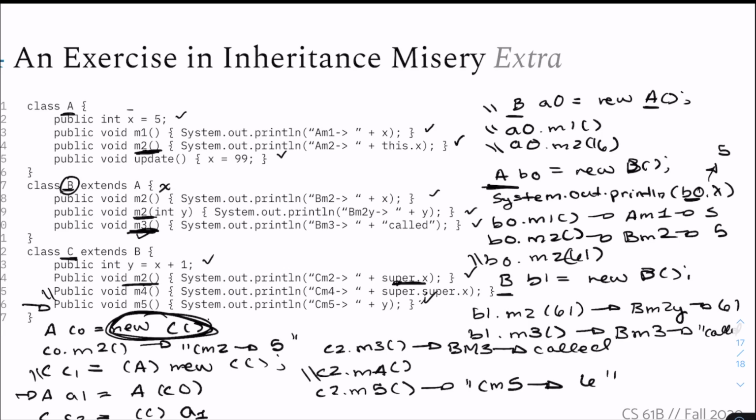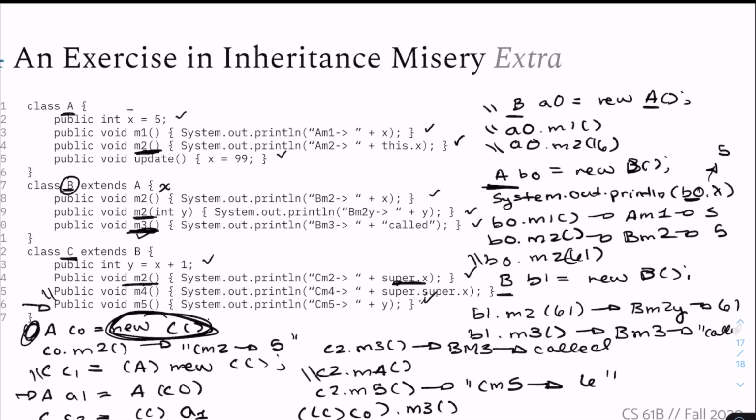We're almost through, guys. So now we have C0, which is casted to be a C, dot M3. So we're going to first check whether C0 can be casted as a C. If you look where C0 is defined over here, C is a subclass of A, so that checks out where we can try casting C0 as a C. And then we check the C class to see if there is an M3 there.